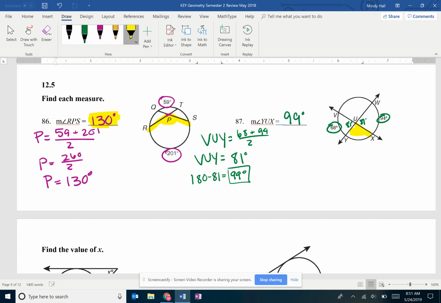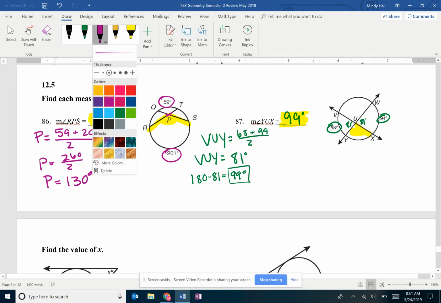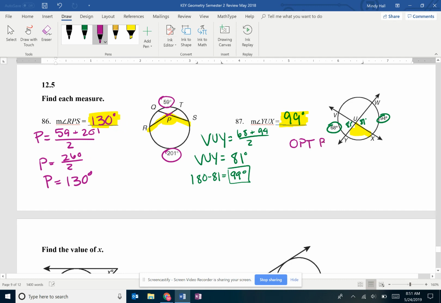Now, some of you are probably thinking that's too much. I don't like that way. If you don't like that way, then your alternative, option B, is to subtract the ones you are given from 360. So 360 minus 68 minus 94 gives us 198.